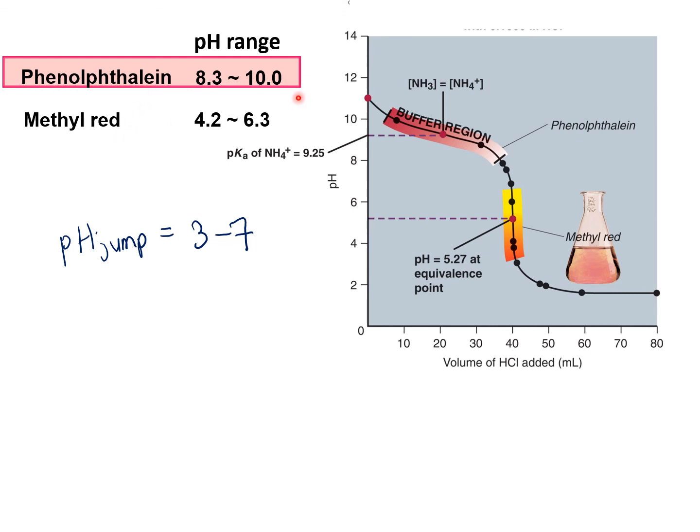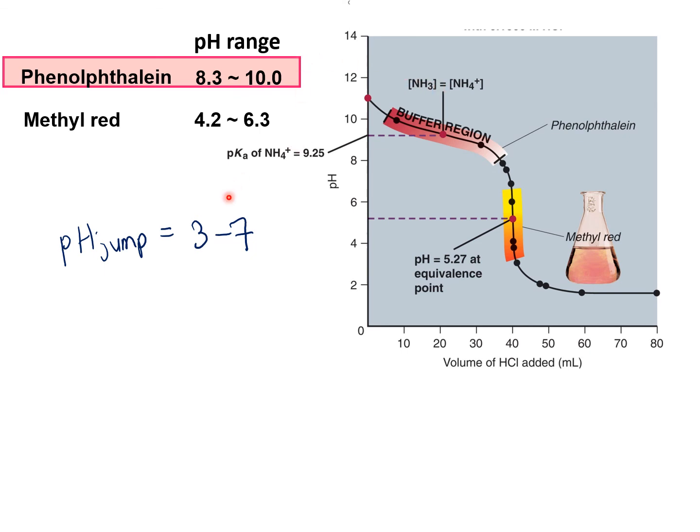Okay, kalau kita tengok kepada phenolphthalein, warna dia akan berubah dalam range 8 kepada 10, pH range of 8.3 to 10. Okay, so phenolphthalein is not suitable for this type of titration.